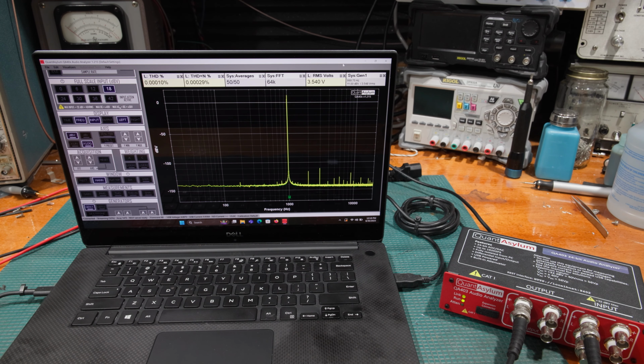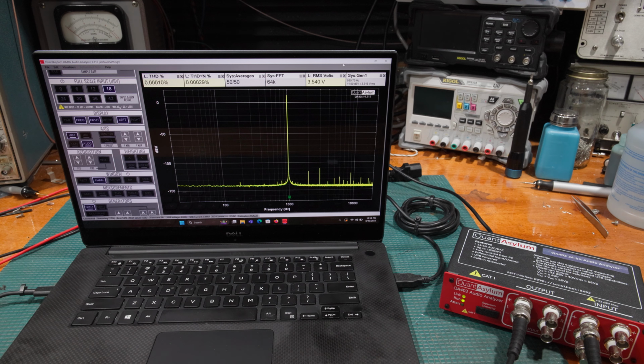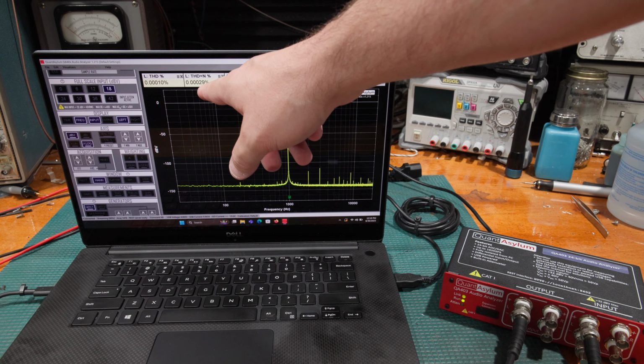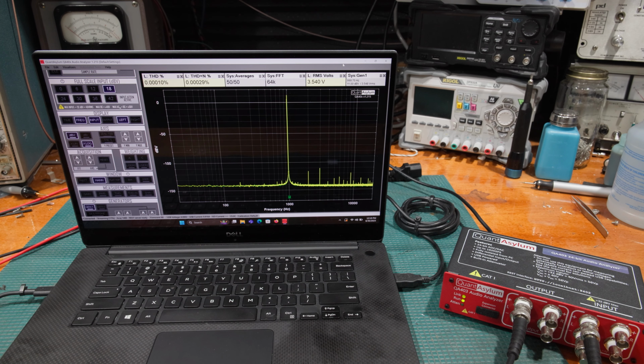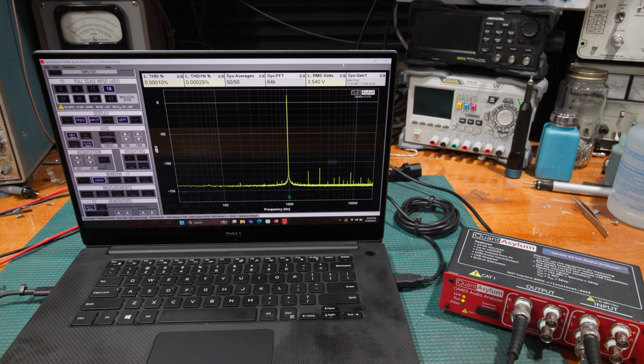As we can see, we have a total harmonic distortion of 0.0001%, and a THD plus noise of 0.0029, which is absolutely incredible for an oscillator, especially given that I'm not using low noise BNC cables. I'm using standard BNC cables, but to keep that consistent, we will be using the same BNC cable, same length, for all the testing that we're going to be doing today.